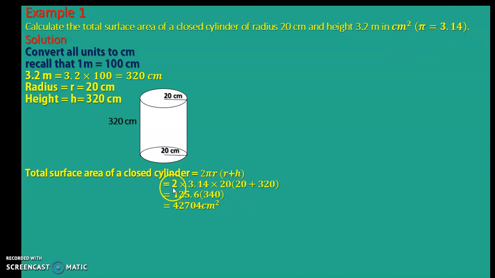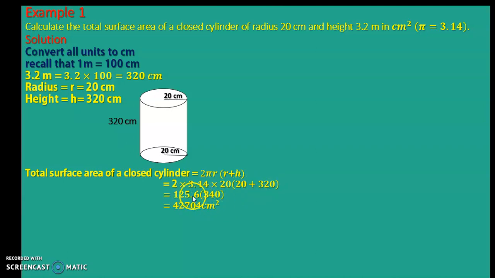So in doing that, we are going to have 2 times 3.14 times 20 open bracket 20 plus 320 close bracket. So when you multiply 2 times 3.14 times 20, we are going to have 125.6 open bracket 340, because 20 plus 320 will give us 340.